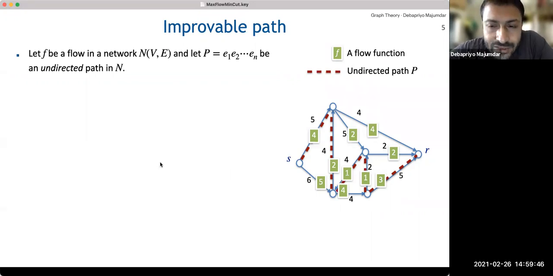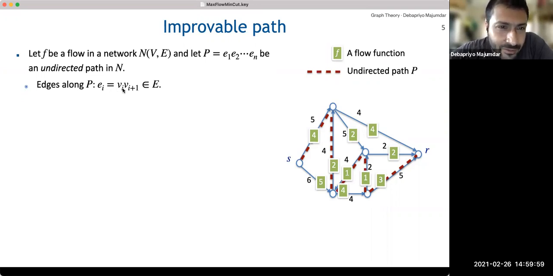So this is an undirected path. Then, as I already explained, edges along P are the ones for which e_i is (v_i, v_{i+1}).